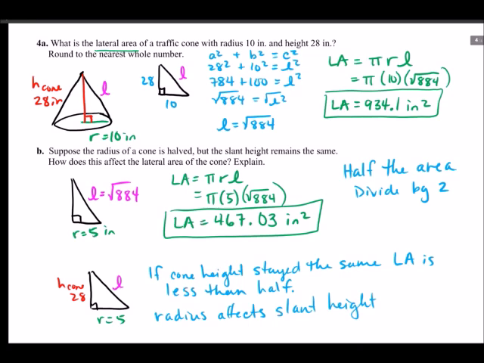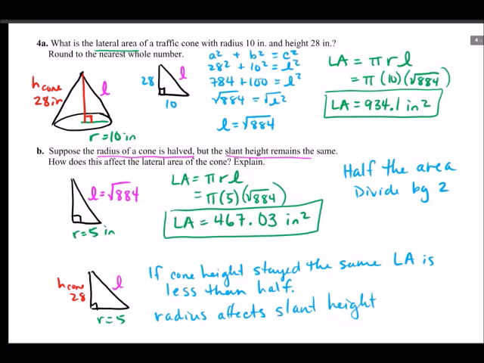Now the next problem says that the radius of the cone is cut in half, but your slant height remains the same. How does that affect your lateral area? Well, of course, it's just going to cut it in half, because if we take radius divided by 2, we're just dividing our equation by 2.